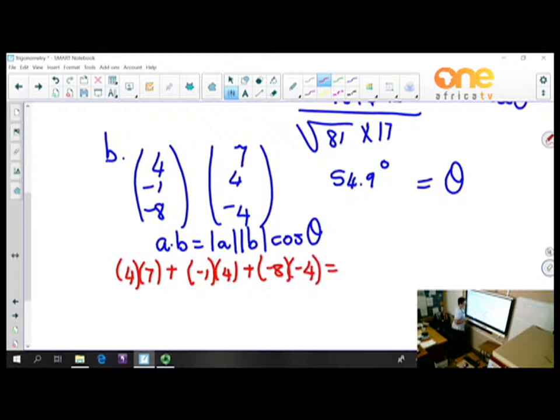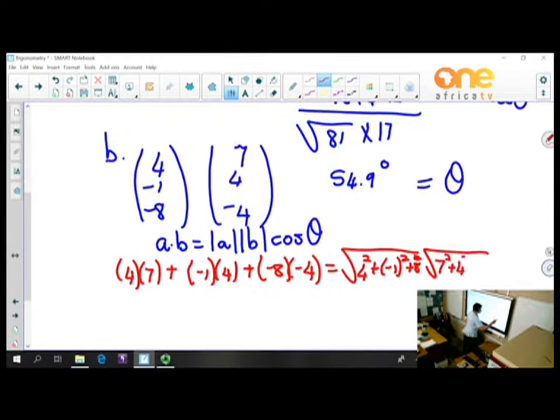to, now when we get the magnitude, you work with one column vector. So this is going to be 4 squared plus negative 1 squared plus 8 squared, times the second vector, 7 squared plus 4 squared plus negative 4 squared, cosine theta.